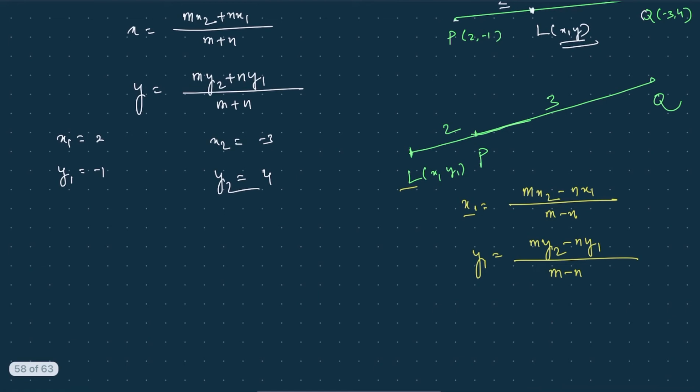Now you use this formula here. m is to n is given as 2 is to 3. So m will be 2 and n will be equal to 3.